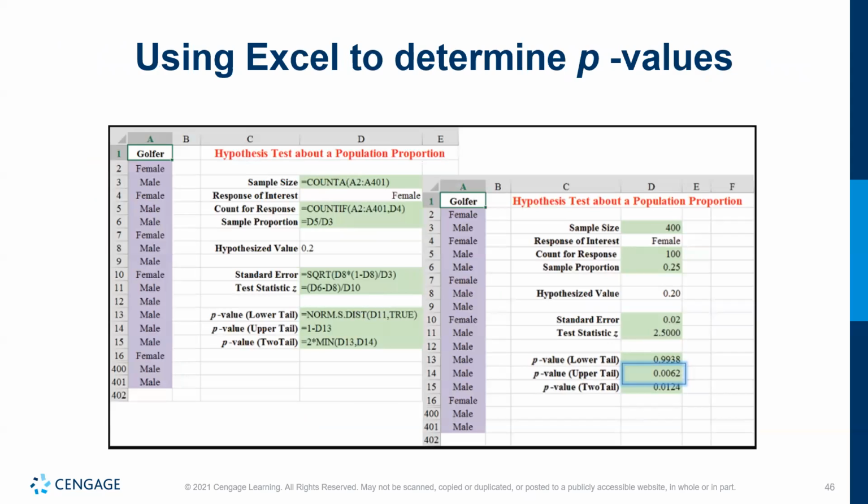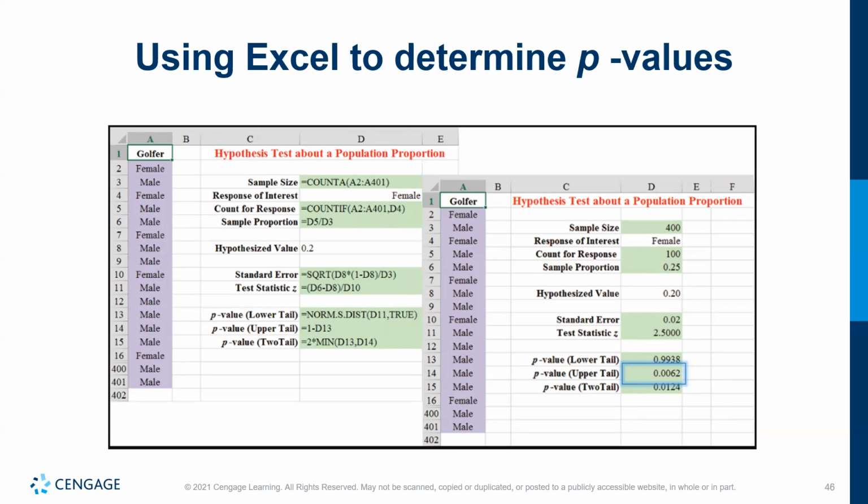So to use Excel to determine p-values, this is stuff we've already used, okay? For the standard error, we have to create our own little function, the square root of the hypothesized value times 1 minus the hypothesized value divided by the sample size.